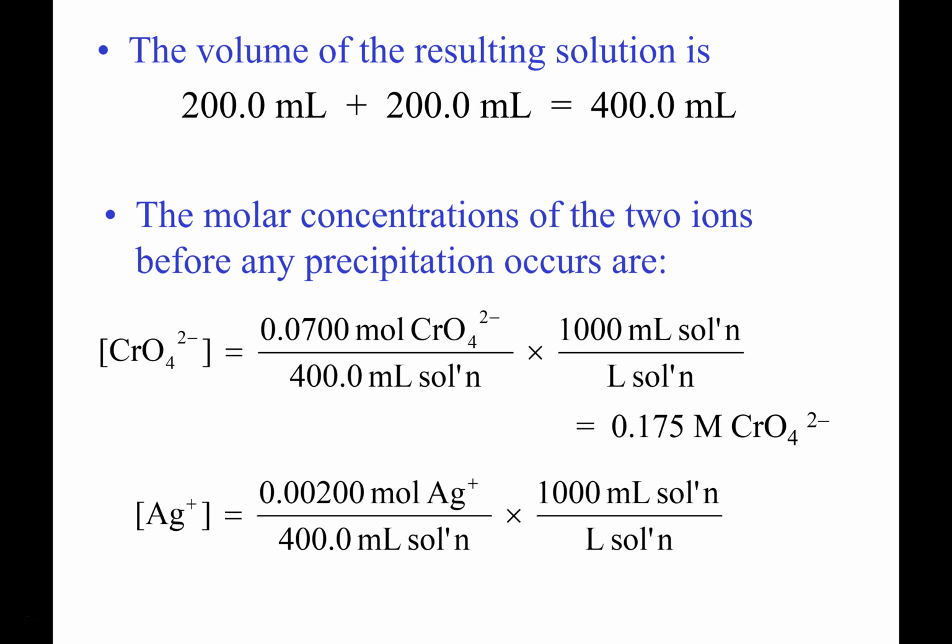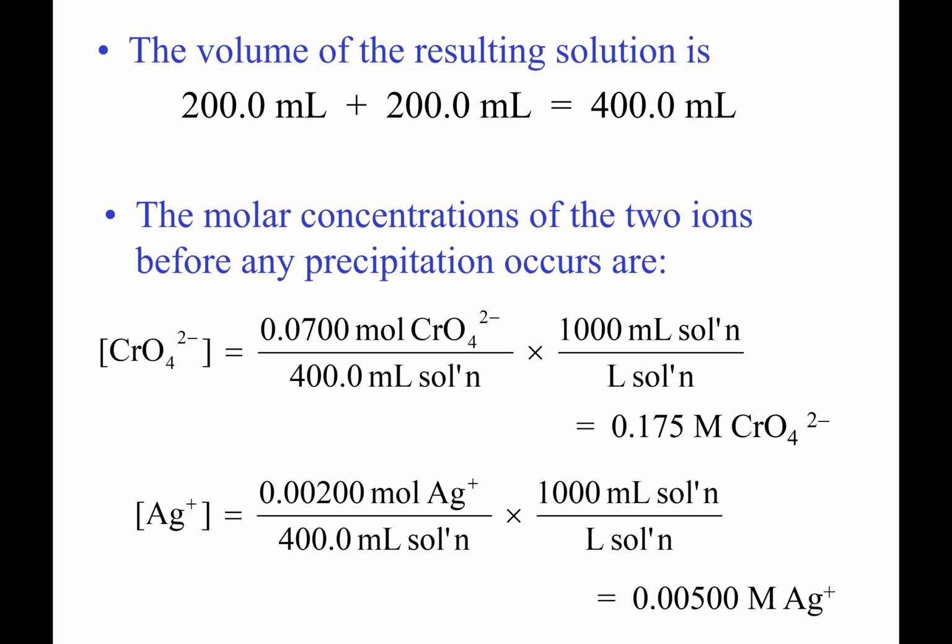Round to 3 sig figs, and we get 0.00500 moles per liter of the silver ion. Very good.